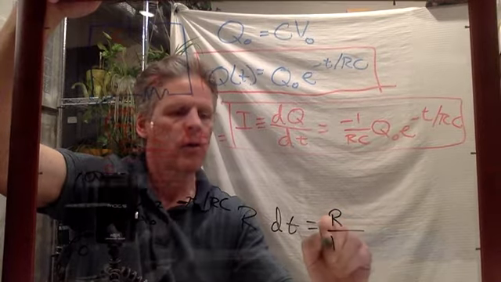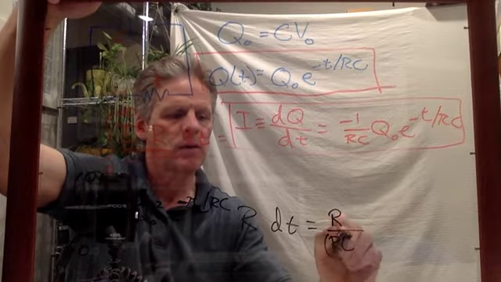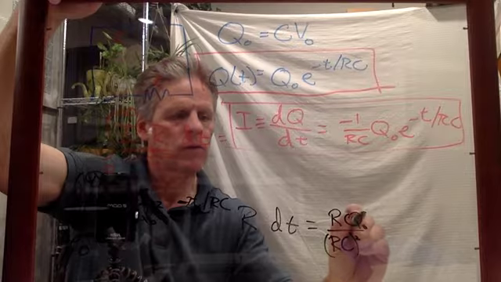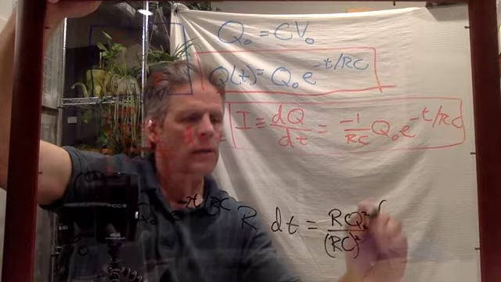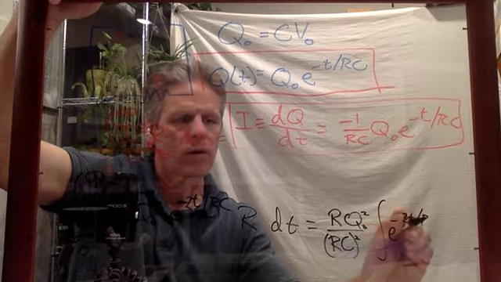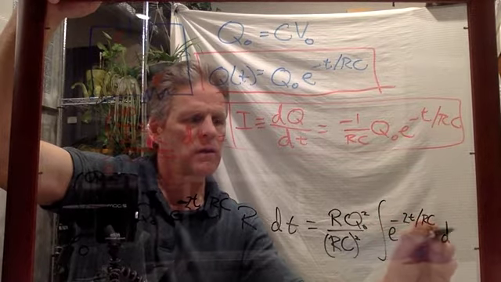So R over RC squared, Q0 squared, and then I have e to the minus 2t over RC dt.